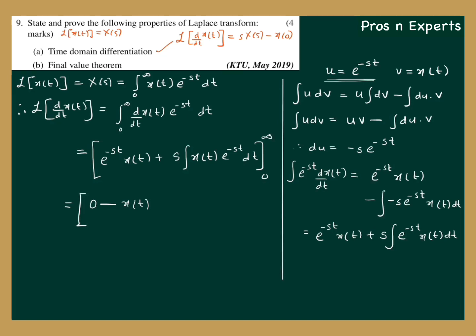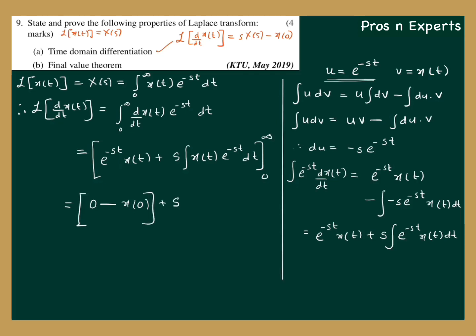Actually it's not x of t, right? T is 0, so we have to put x of 0. Okay, I think you're getting it. What I did is just putting 0 into this factor, so e raised to 0 into x of 0.